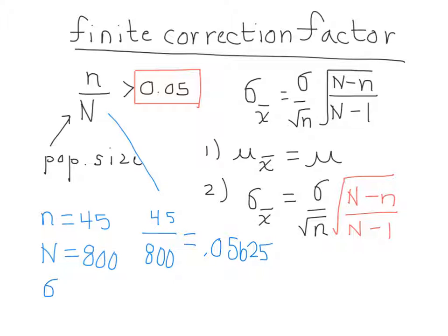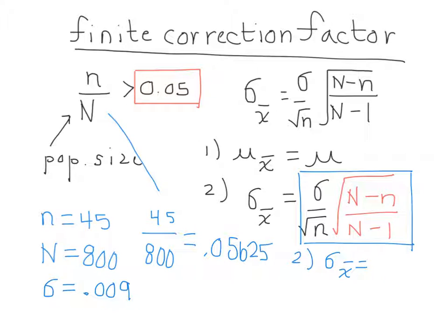So let's say that this population has a standard deviation of 0.009. So when I get to step 2 and I want to find my standard error of my sampling distribution, I'm going to need to use my finite correction factor. So I'm going to have to take sigma, 0.009, and divide by the square root of my sample size, in this case 45.